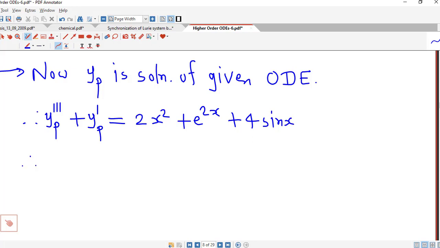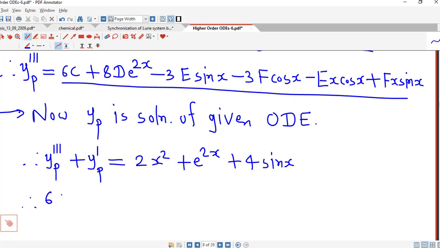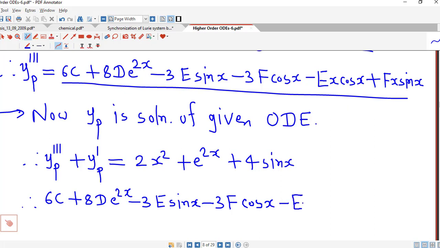So first I substitute yp triple dash, which we have written here, so that we substitute here 6c plus 8d e raised to 2x minus 3e sin x minus 3f cos x minus ex cos x plus fx sin x plus yp dash.